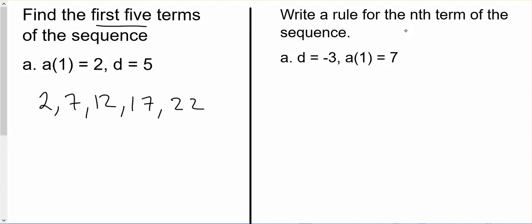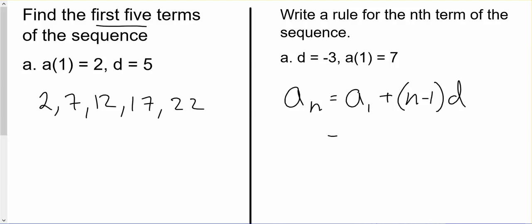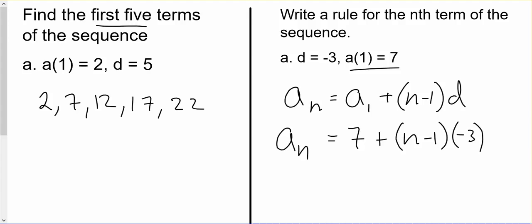Another one, write a rule for the nth term of the sequence. So we're going to use our equation again. So this is our first term plus n minus 1 times d. So we're going to say our first term is 7 plus n minus 1 times negative 3.